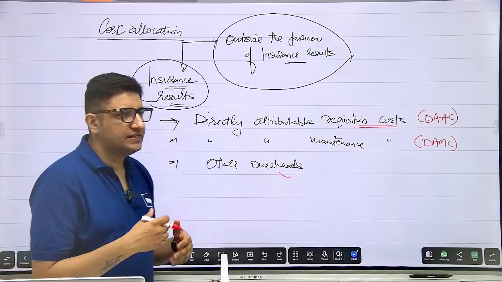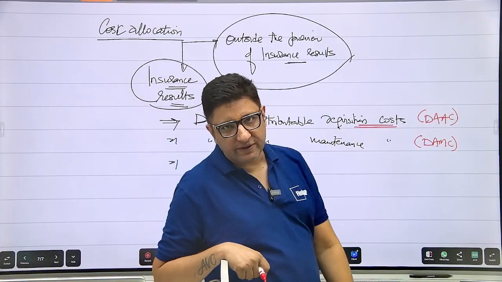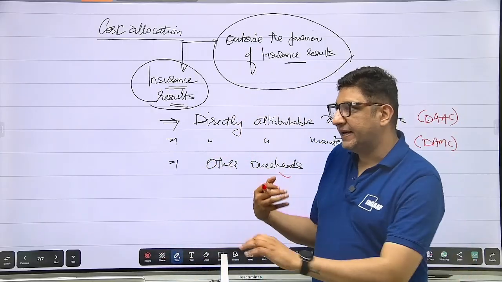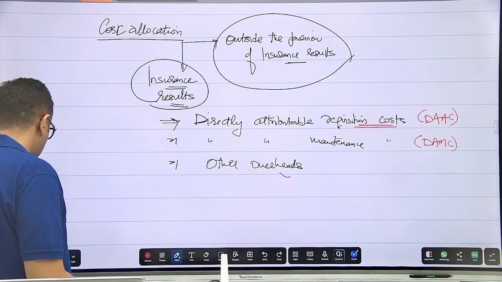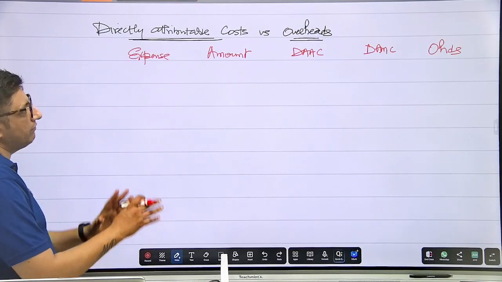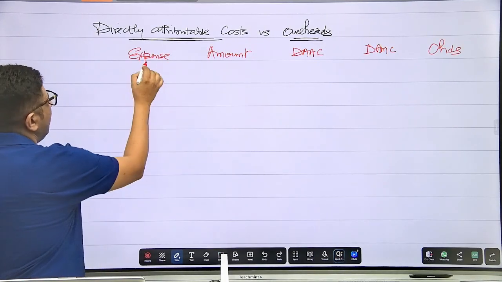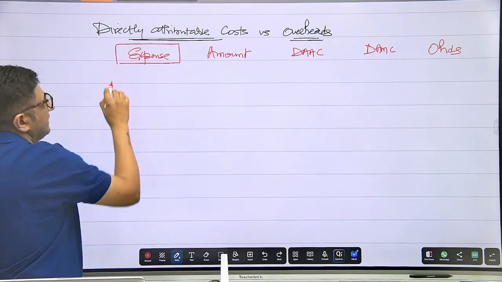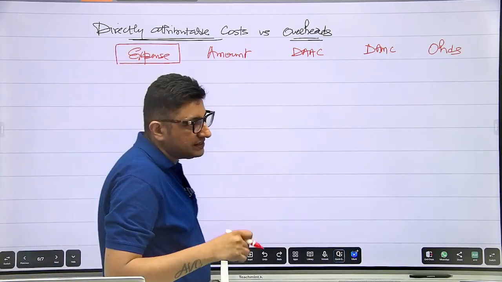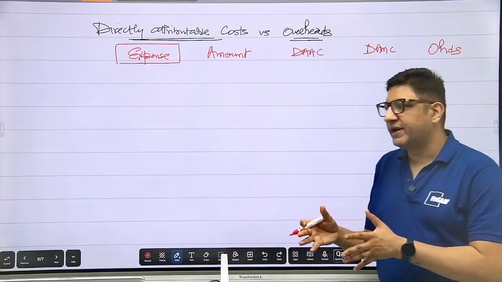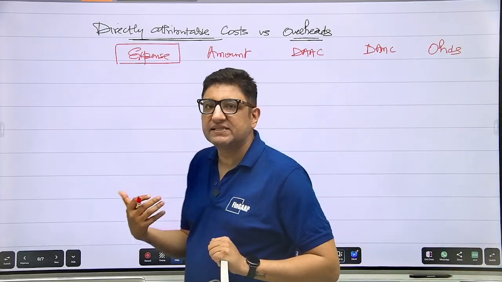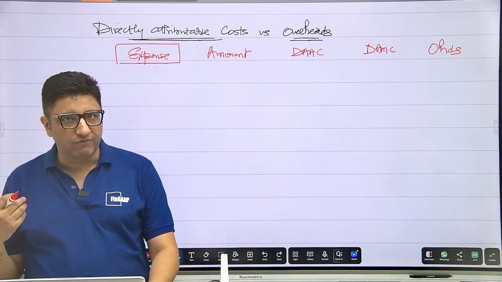Okay. Now the question is, why is it important? And how do we identify such costs? That is basically what we are looking for. So in this scenario, what we want to do is identify or classify the different expenses that an insurance company may incur in the course of the business, and look at what categories these costs can fall under.